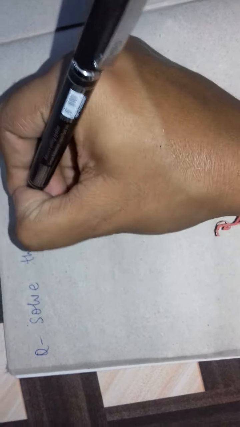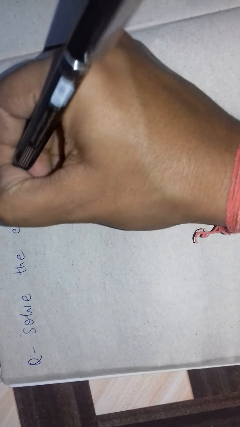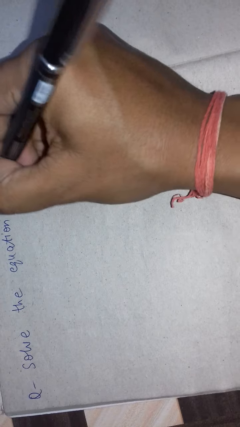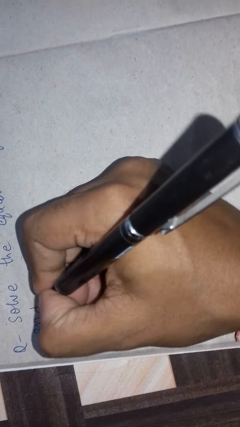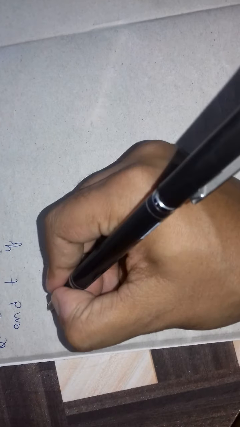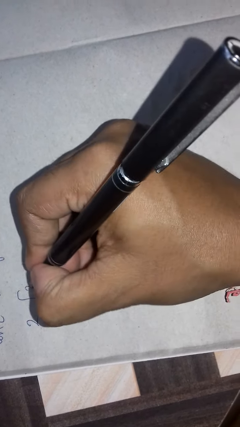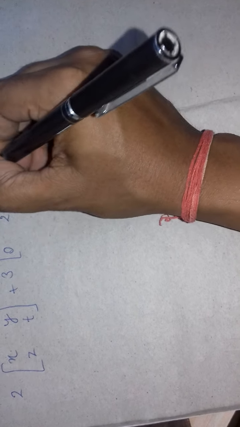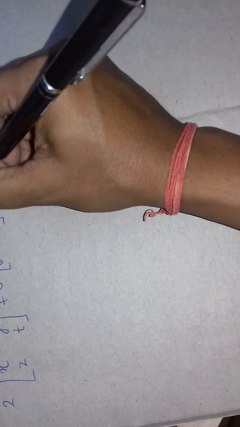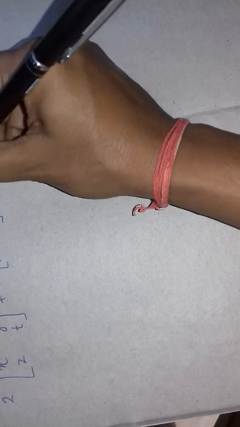Solve the equation for x, y, z and t. If 2 into the matrix [x y; z t] plus 3 into [1 minus 1; 0 2] is equal to 3 into [3 4; 5 6].